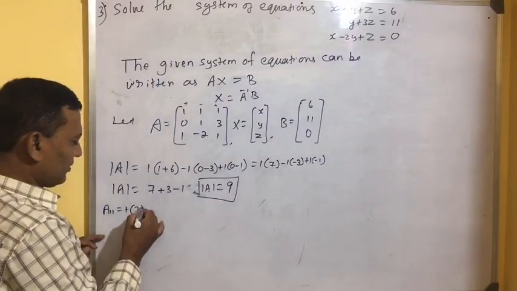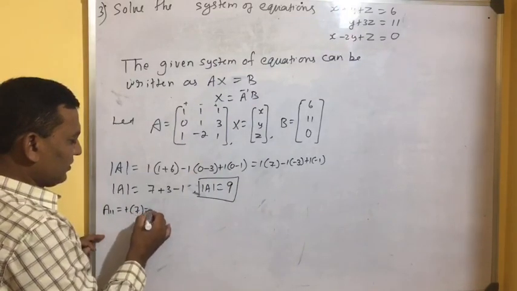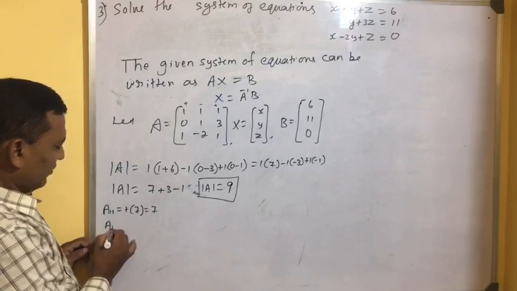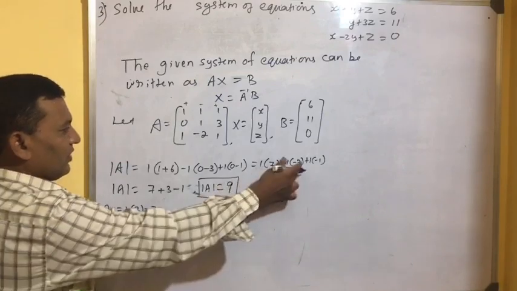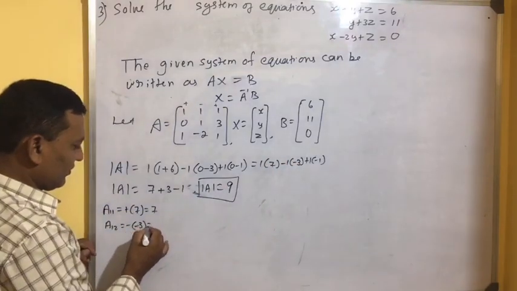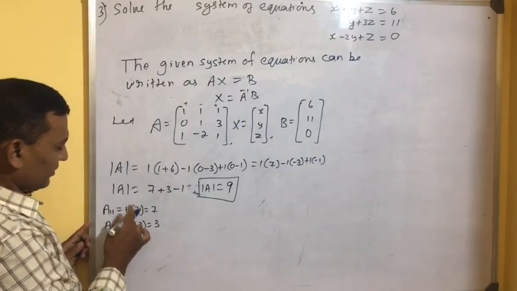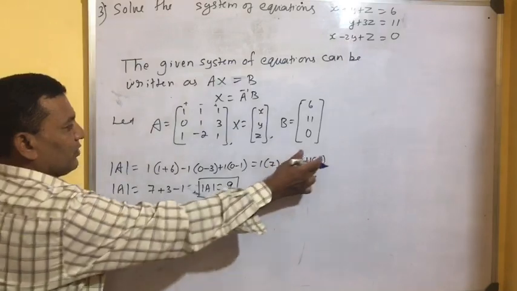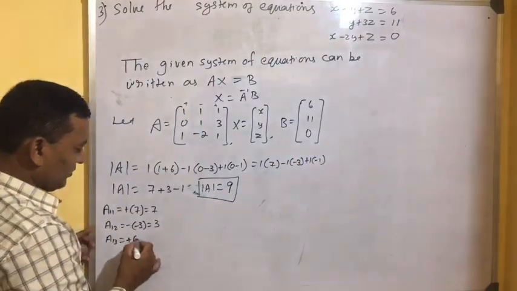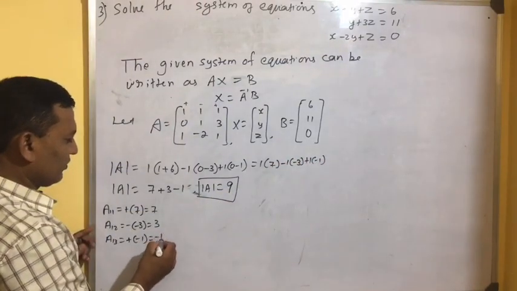So A11 is plus 7. Then the second cofactor A12 is equal to minus of, here it is minus 3, therefore it becomes plus 3. Then A13 is plus, the minor is minus 1, so plus 1 into minus 1 is equal to minus 1.